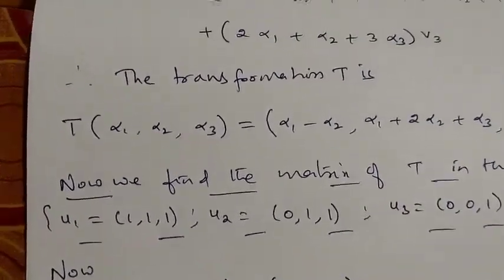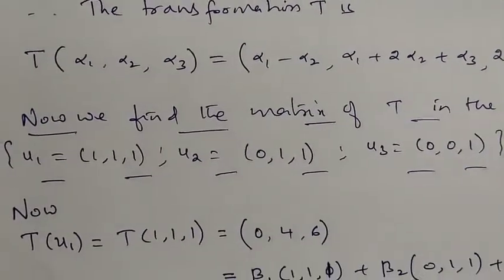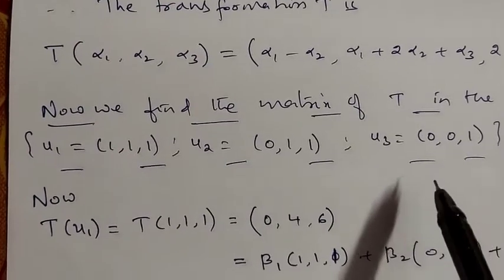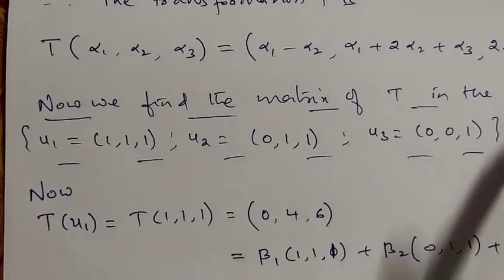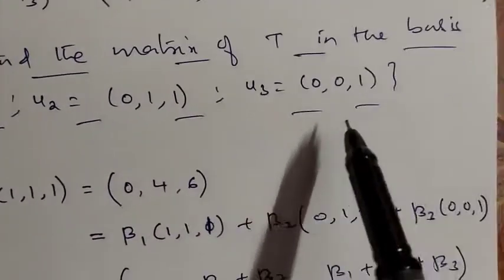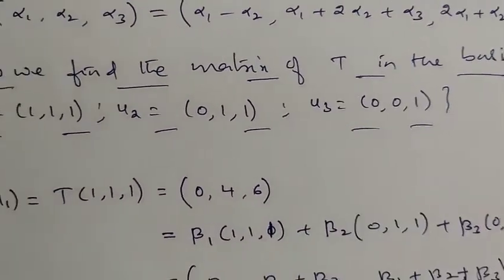Now once we know the transformation, it is easy to find the matrix of the transformation with respect to the next set of basis elements, which were given to be 1 1 1, 0 1 1, 0 0 1. So let's find this.